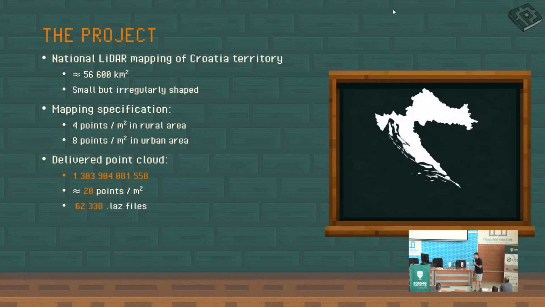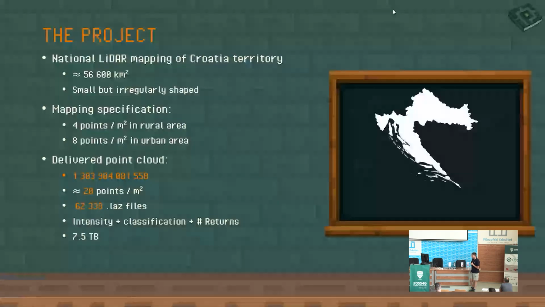So it's a bit more than required. We got over 62,000 LAZ files, each containing, among others, intensity, classification, and number of returns. Thankfully, no RGB coloring. The size of all of that was about 7.55 terabytes.